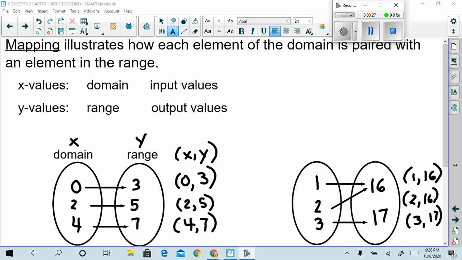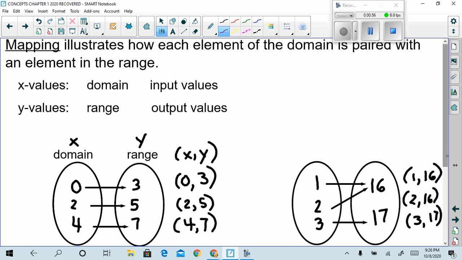My X terms are my domain and my input values, and my Y values are my range and my output values. In this mapping setup, we're going to see arrows going from the X terms to the Y terms, from the domain to the range, and they're pairing off and giving us ordered pairs.